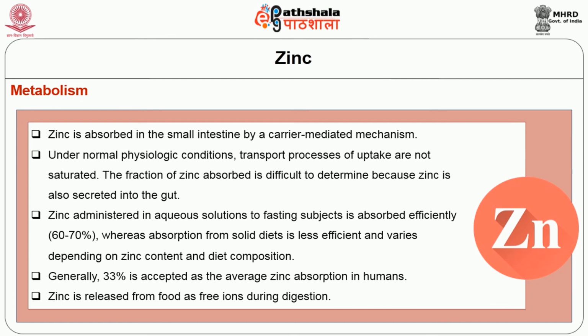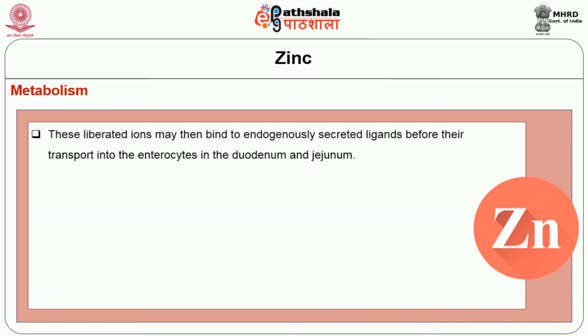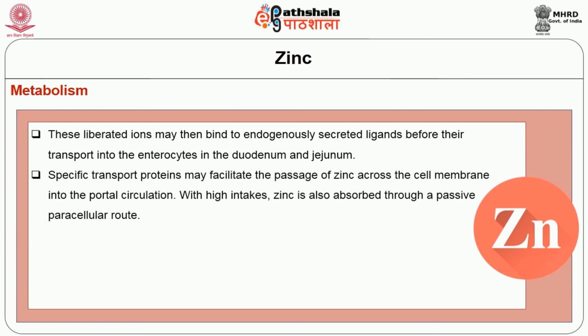Zinc is released from the food as free ions during digestion. These liberated ions may then bind to endogenously secreted ligands before they transport into the enterocytes in the duodenum and jejunum. Specific transport proteins may facilitate the passage of zinc across the cell membrane into the portal circulation.